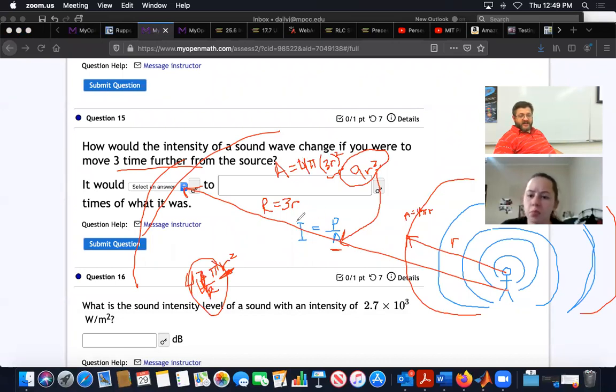So my number is 6, and I put that it was 36 times smaller. So this says 36, this says something times what it was. How to do this. Over here, you said decrease.